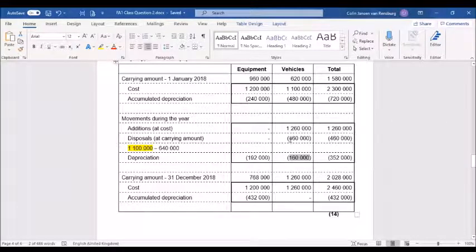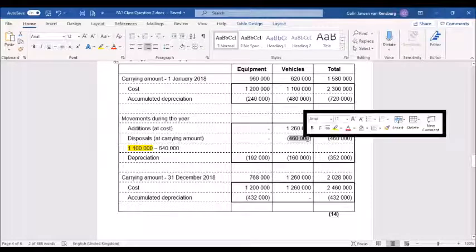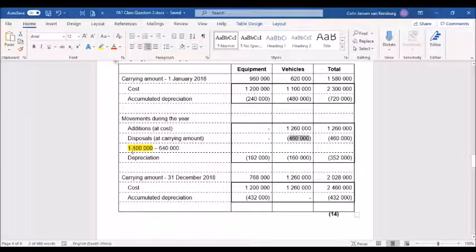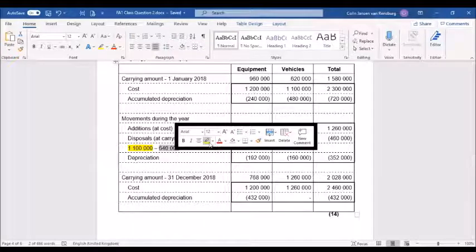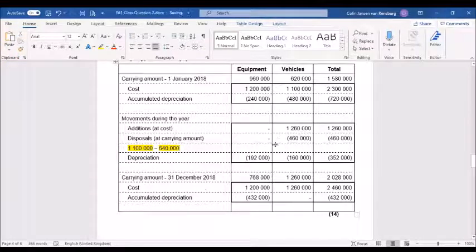And then we know that there was a disposal. But again, that 460,000 that is sitting there, that is the carrying amount. And the carrying amount consists of a cost component of 1.1 million, and it also consists of the accumulated depreciation on the item that we have disposed of, 640,000.